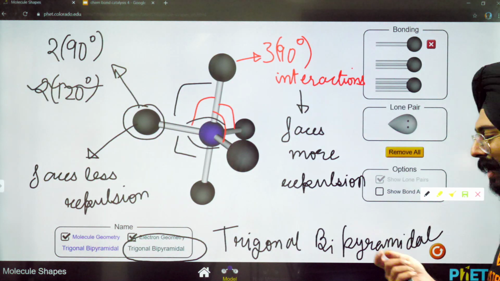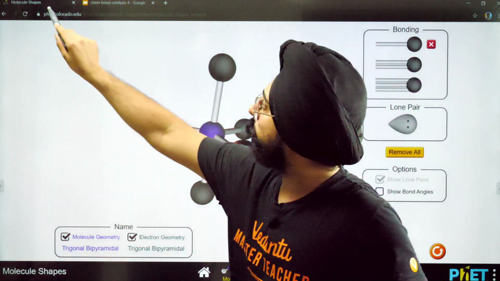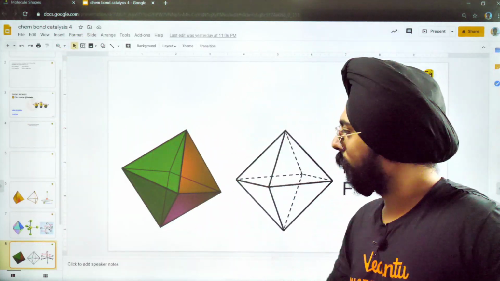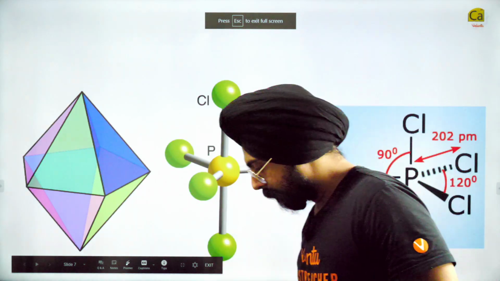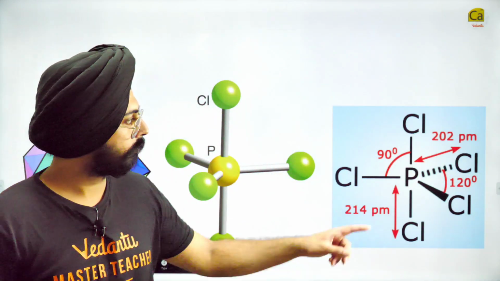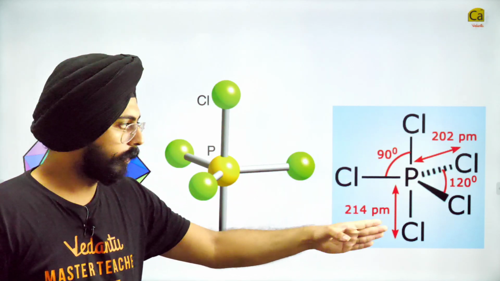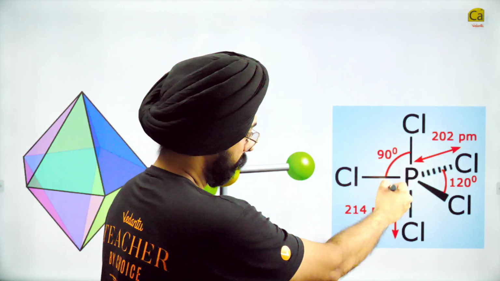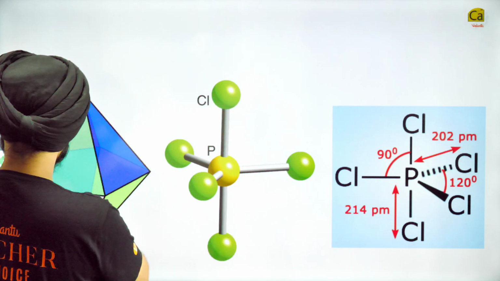Okay, if you didn't understand, rewind it and watch the explanation again. Let's go back to the exact molecule that we have for PCl5 and see it once. Let's see. Understood? 90-degree interactions between axis and equator, 120-degree interactions in equator. So the axial bond is 214 picometers.